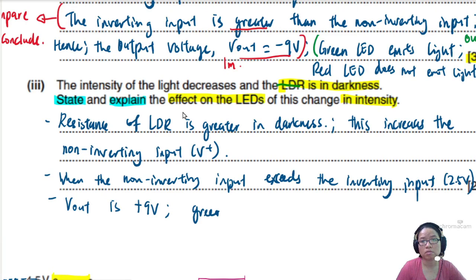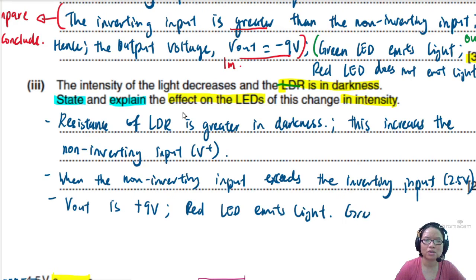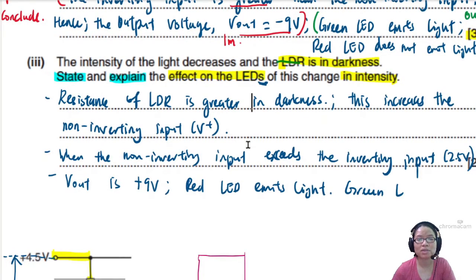Red LED emits light. Green LED, because you are asked for the effect on the LEDs, you also have to tell them that green LED will turn off. Don't forget: red LED emits light, green LED does not emit light.